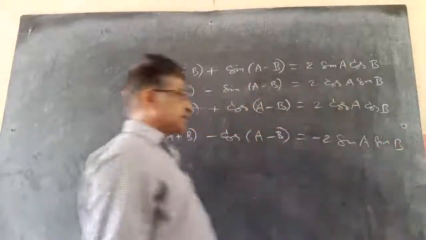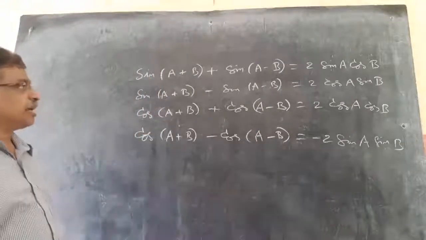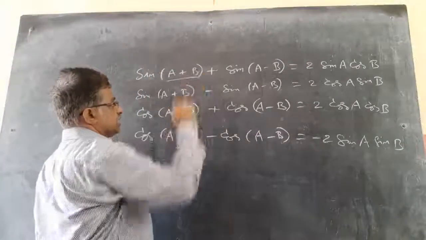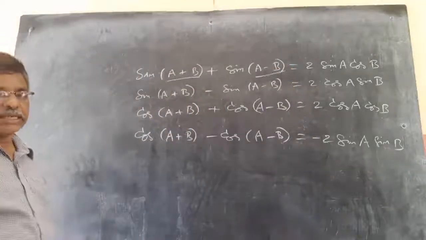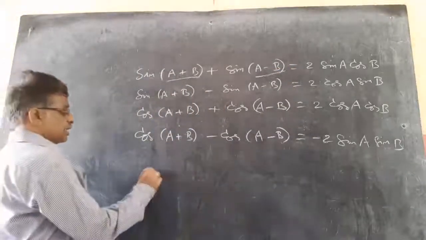Now, in place of A plus B, if I take C, and in place of A minus B, if I take D, that becomes the transformation formula automatically.